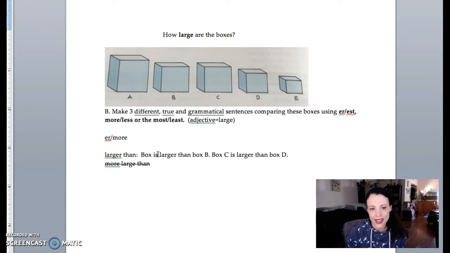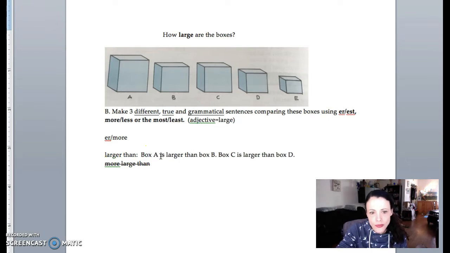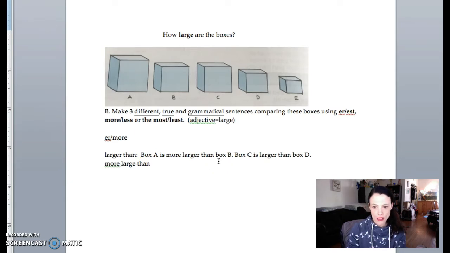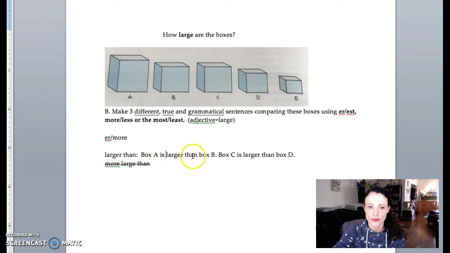But we can't say box A is more larger. No, we have to choose ER or more. And we can only choose ER with the one-syllable adjectives. No more larger. We're going to take that out.